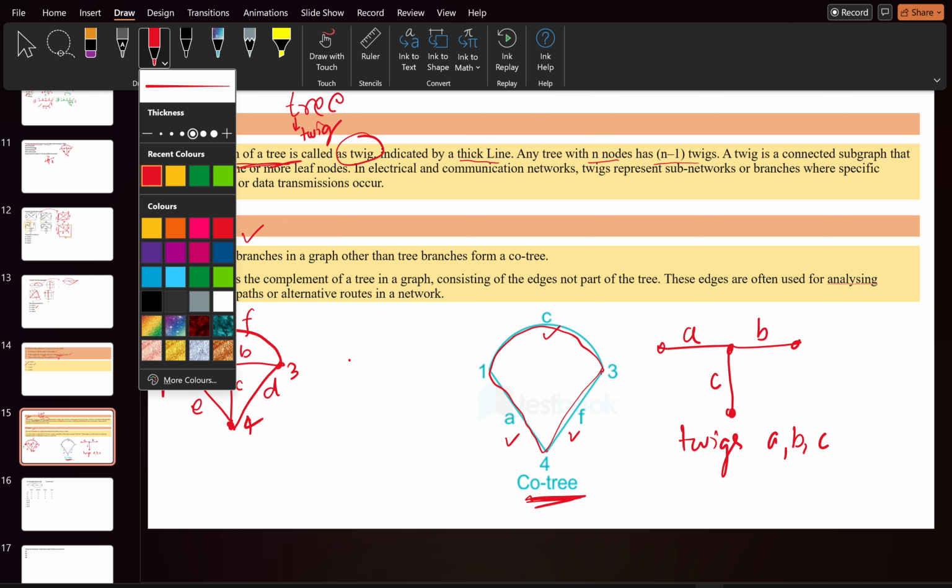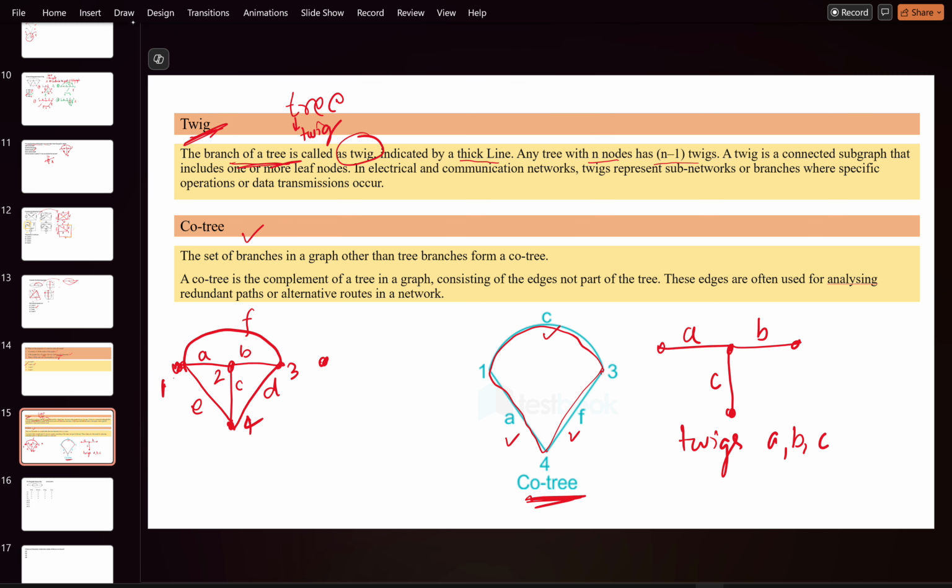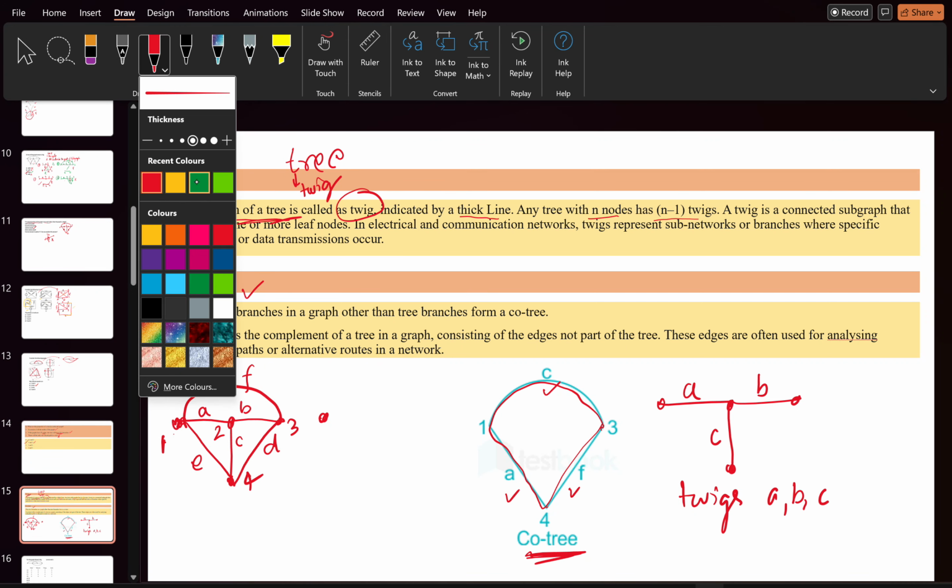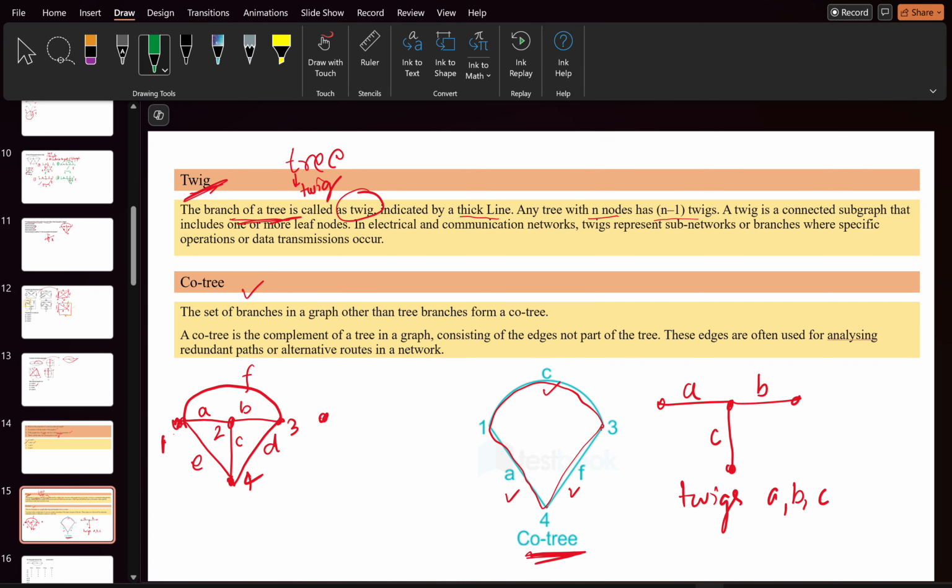Tree means all nodes should be part of the subgraph and there should not be any closed loop. Suppose I draw like this. This could be a tree with A, B, C, and all nodes 1, 2, 3, and 4 are connected. So what is the remaining part? The remaining part is like this.